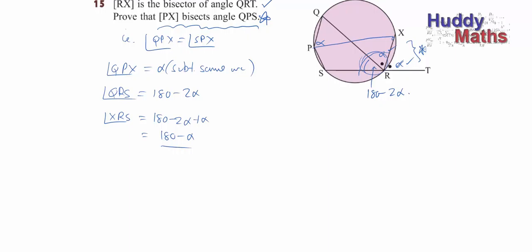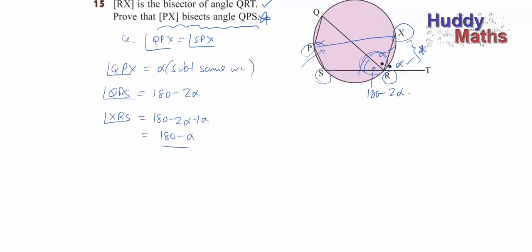Now SPX, let's have a look. We haven't done anything in here. We need to get in here, don't we? Because we're trying to show that QPX and SPX are the same, so we need that to come to alpha as well. Let's have a look now, and do you see that we do have a cyclic quadrilateral PXRS?